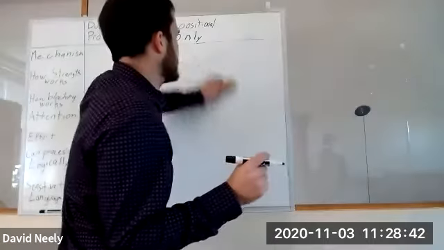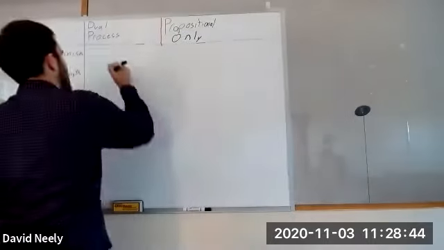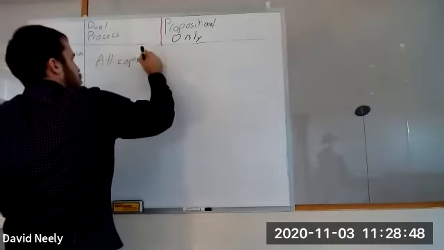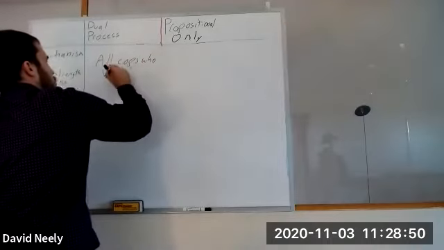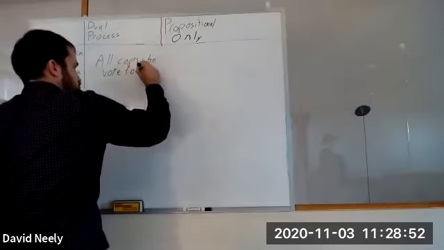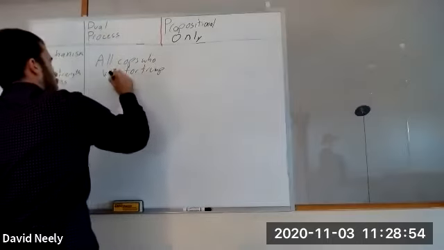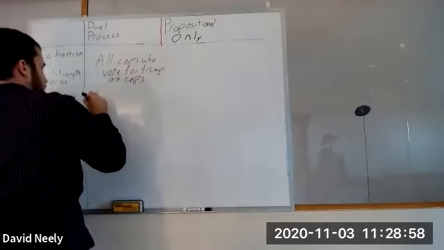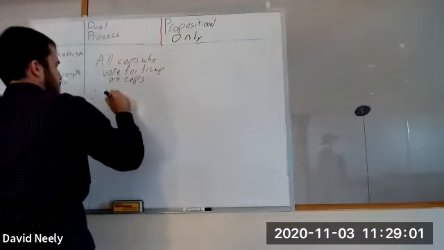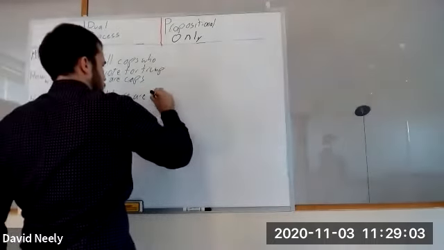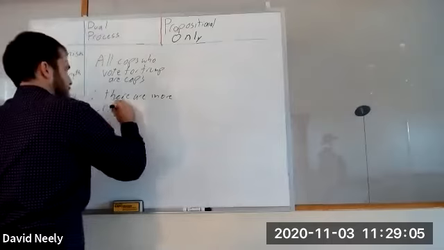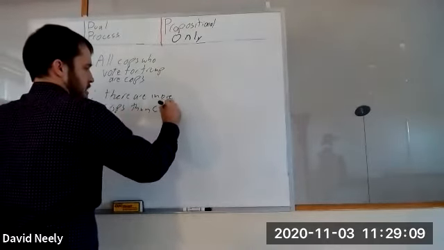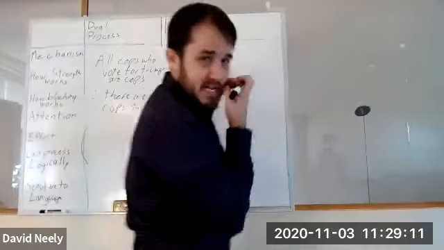The way that this works is, instead of reasoning in this way where you say, all cops who vote for Trump are cops, therefore there are more cops than cops who vote for Trump, the reasoning works differently.